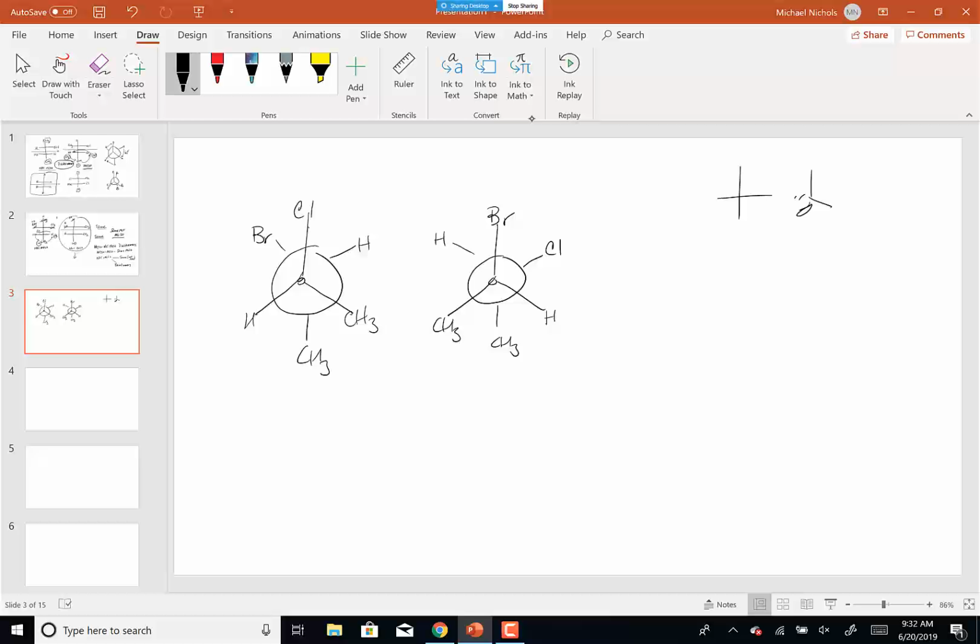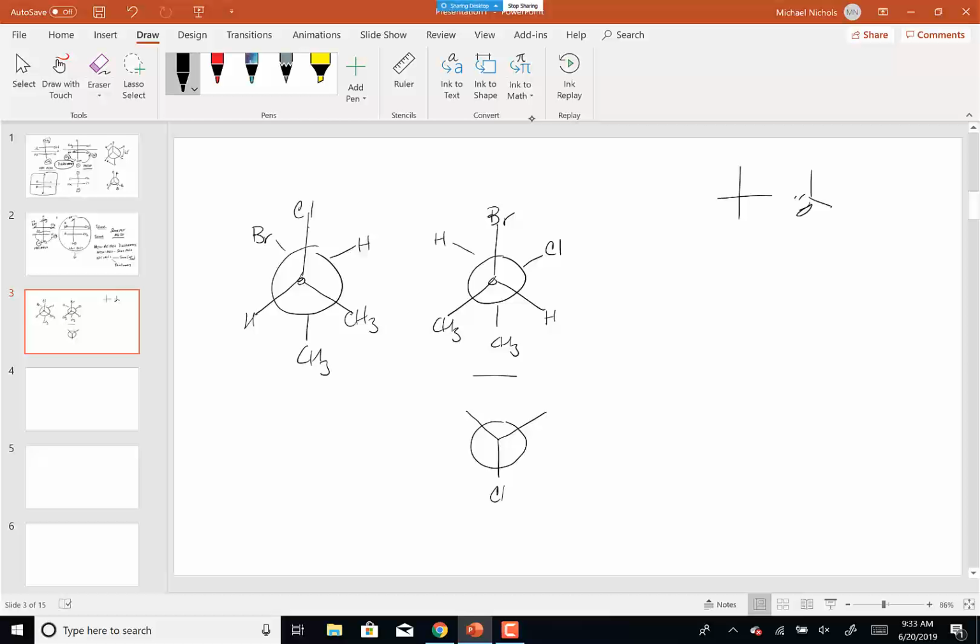So I've got to take this molecule on the right, and I've got to rotate it 180 degrees and bring the back carbon forward. So when I do that, what's going to happen? The front carbon is now going to look like that, because the back carbon, the methyl's down. So when I rotate it around, I'm going to have that down position.